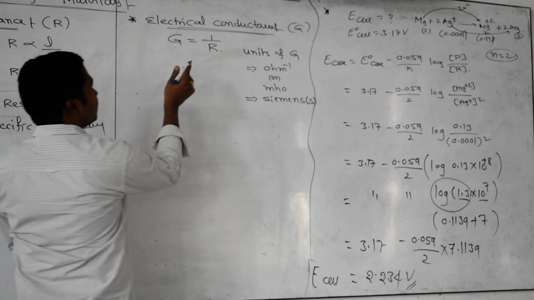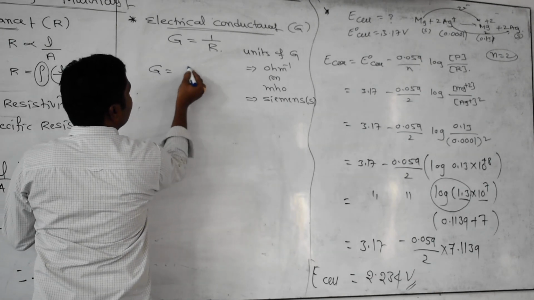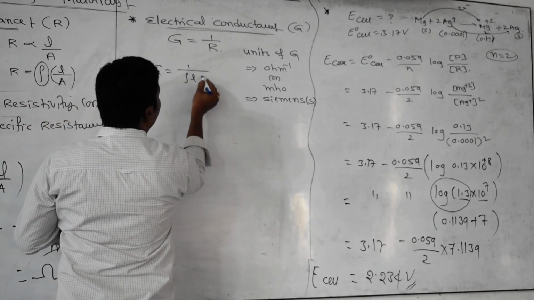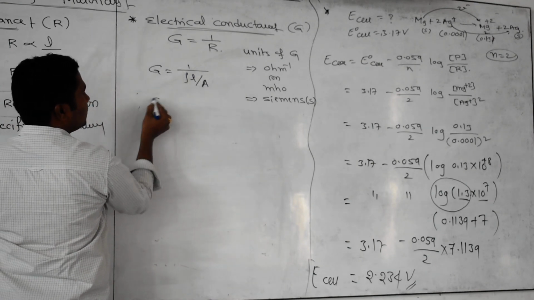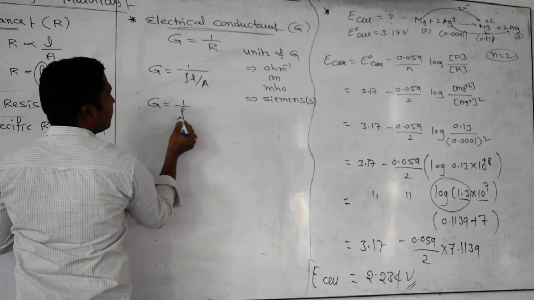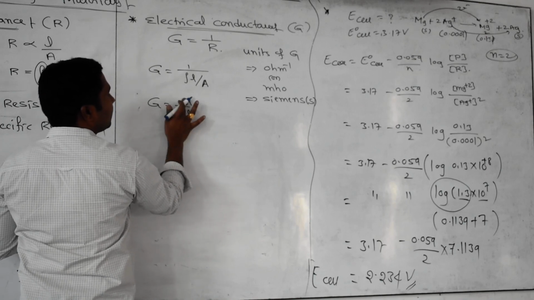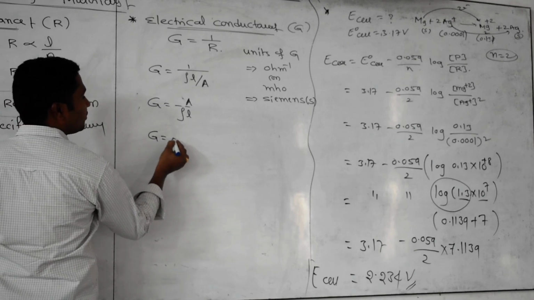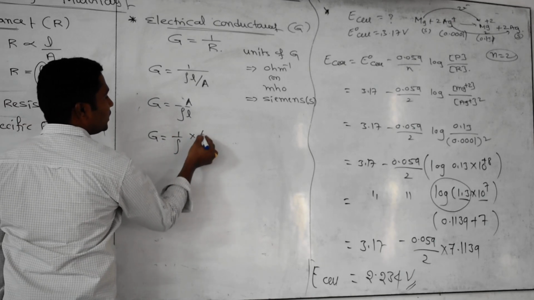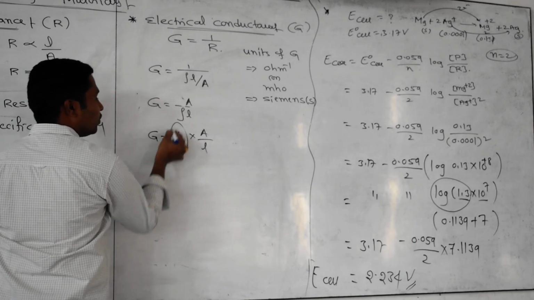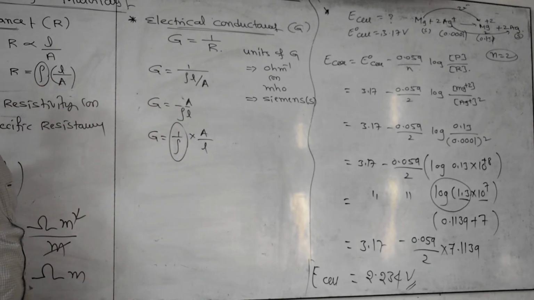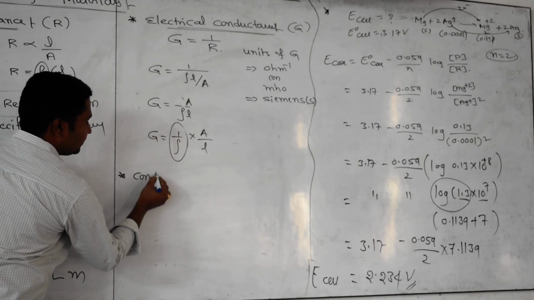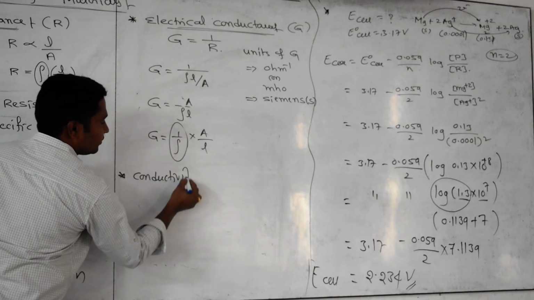Okay, we can work out something here. See, G is equal to 1 by R value. How much did you get? Rho L by A. Simplify now. G is equal to 1 by rho L, A by rho L. Is it right? Yes. G is equal to 1 by rho into A by L. This 1 by rho has one more name: conductivity.